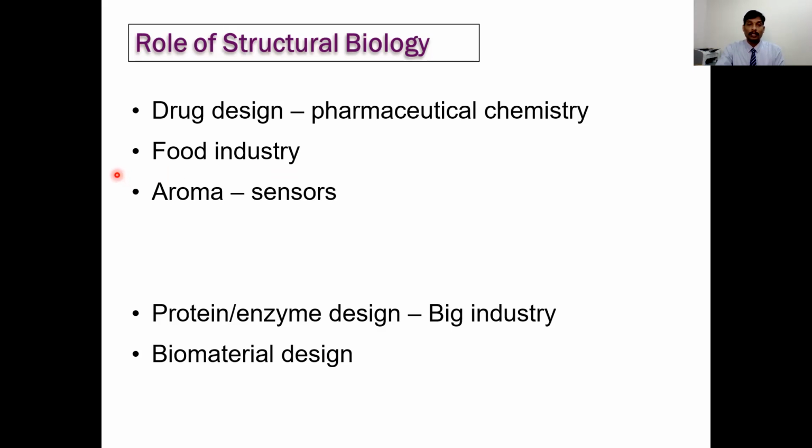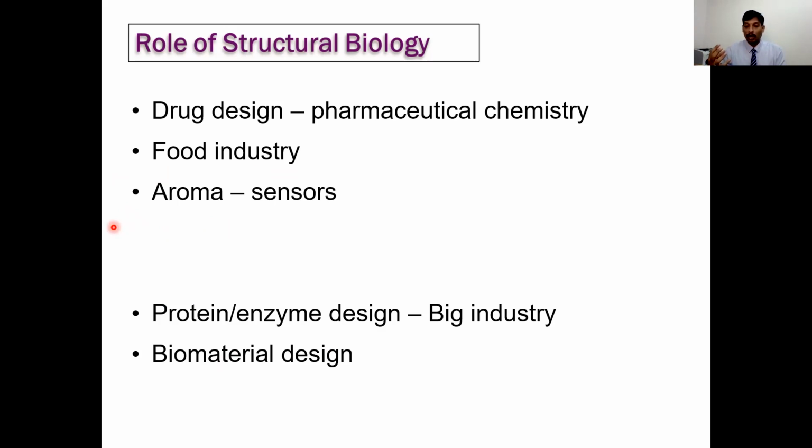So, understanding the ligand, which has the same taste as the natural product, the same kind of aroma. Here the target is the sensors, either the smell sensors or the taste bud sensors.